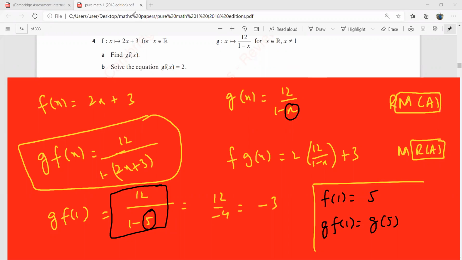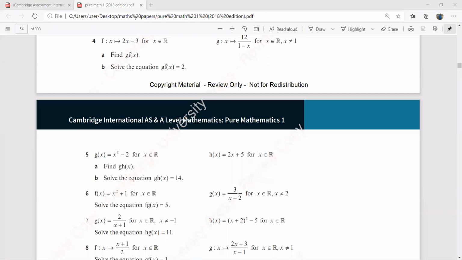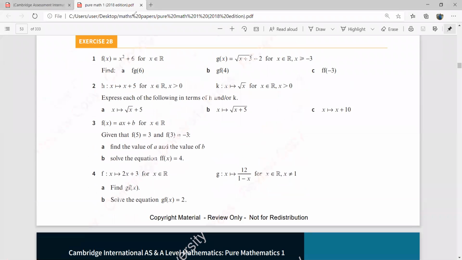In the first question, it says, find fg of 6. So you should find g of 6 first of all. g of 6 is going to be under root 9 minus 2.